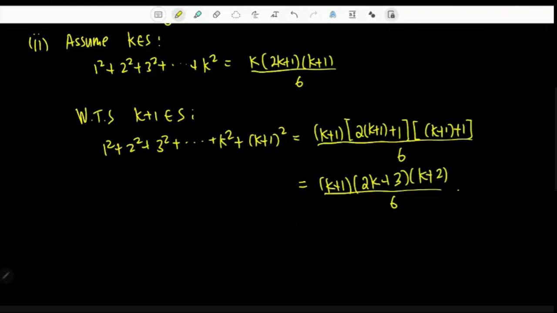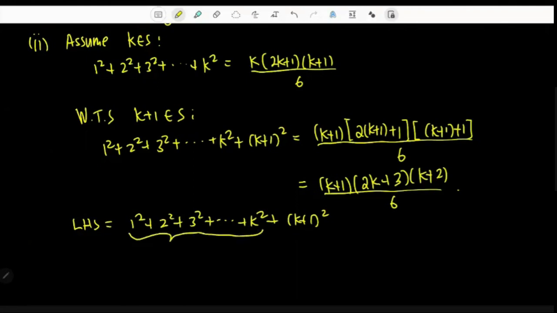Now, in order to show equality, we want to show that the left-hand side is equal to the right-hand side. So we start with the left-hand side. The left-hand side is equal to 1 squared plus 2 squared plus 3 squared and so on plus k squared plus (k plus 1) squared. Now, using our assumption that k is in S, we can simplify this using our formula.